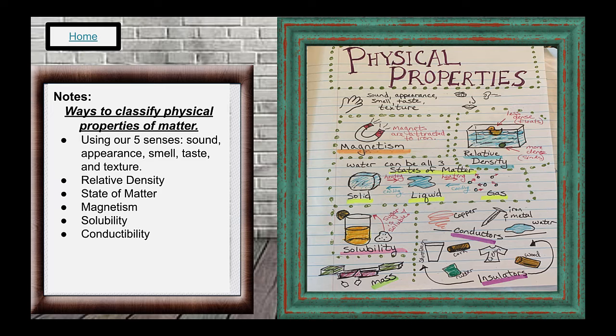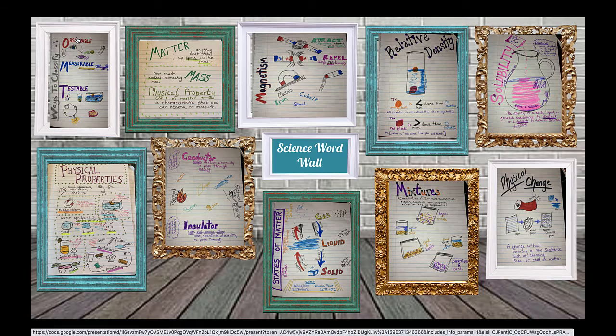So think about when we have our word walls up on our walls around the room, our students kind of know where to look for that information. Same concept here on our digital word wall. They're going to look for the notes on a certain side of their screen versus the picture and the anchor chart. And then you can go back home.